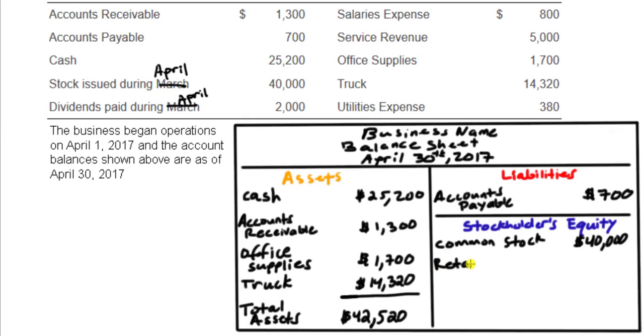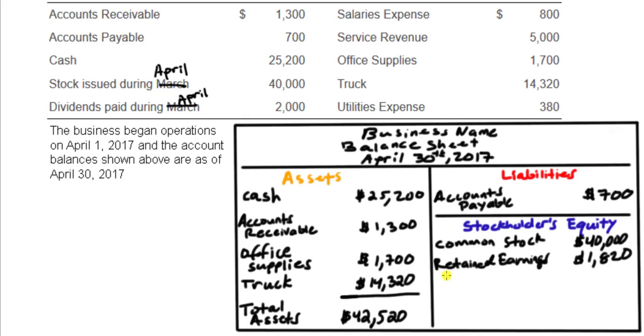So retained earnings, $1,820. Okay, the next line, what you want to do is add up common stock and retained earnings and report a line that shows total stockholders' equity. And then the final line will add up stockholders' equity and liabilities to show that the two sides of our accounting equation are indeed equal.